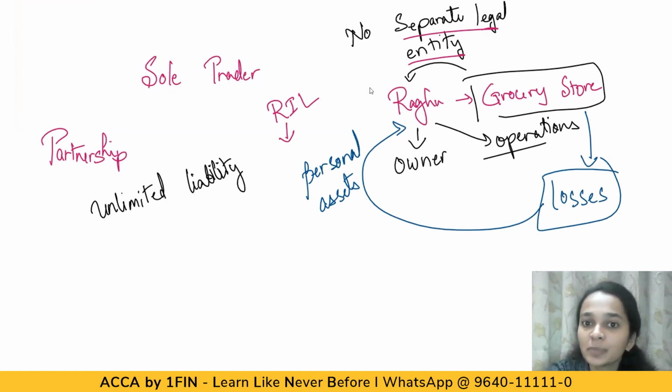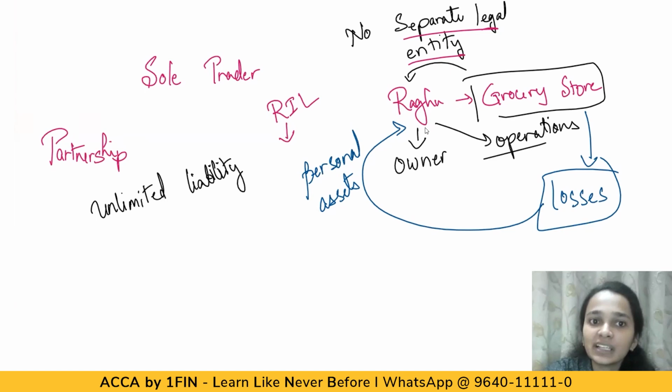No, you will not be personally liable for the liability. So, the shareholders or the persons who are investing in a company will not be personally liable for the liabilities of the company. So, these are the three different forms of business organization: sole trader, partnership, and company form of organization.